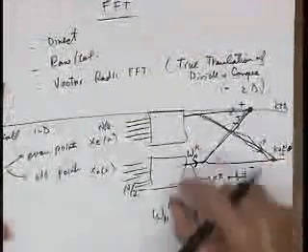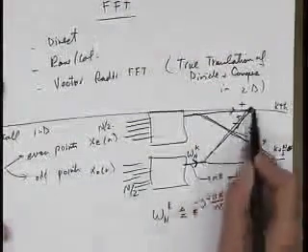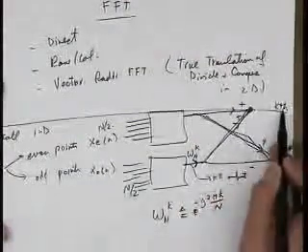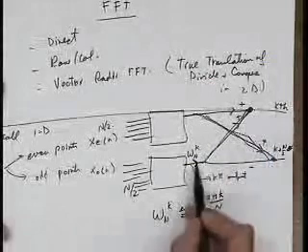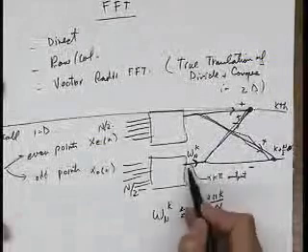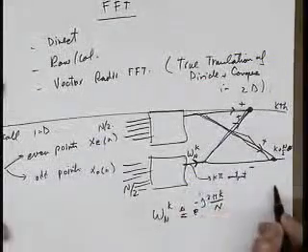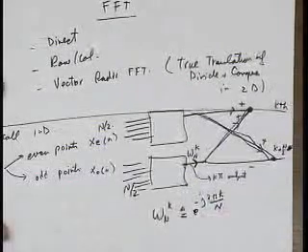This guy has N over 2 outputs. I get the kth one, multiply that by W_N^k, add to get the kth answer of the final answer, and then subtract in the butterfly to get the k plus N over 2 answer. And I keep doing that for k from 0 all the way to N over 2, and the last one that I get is the Nth answer.